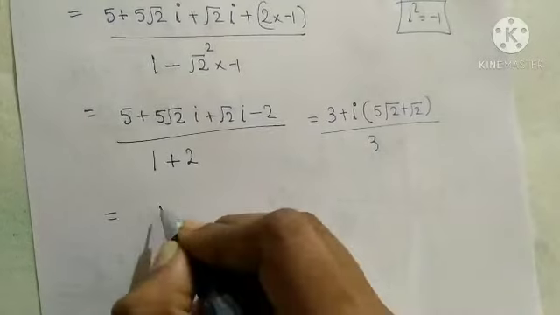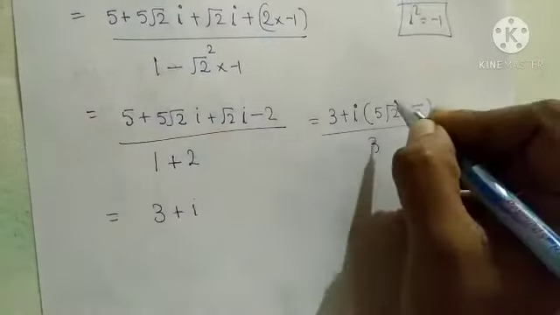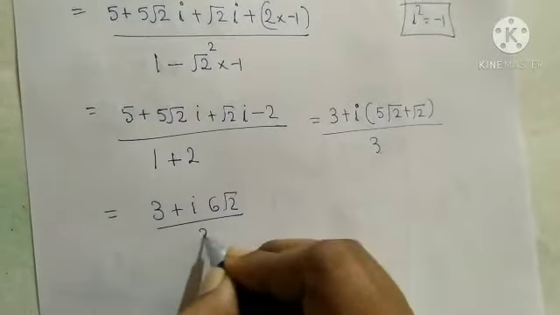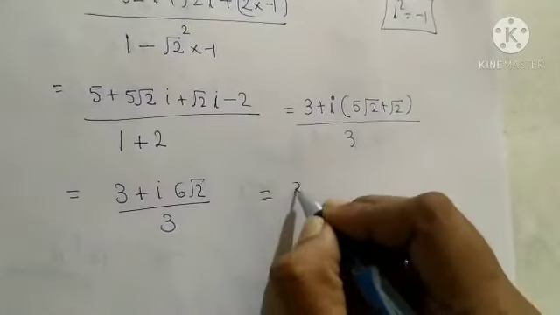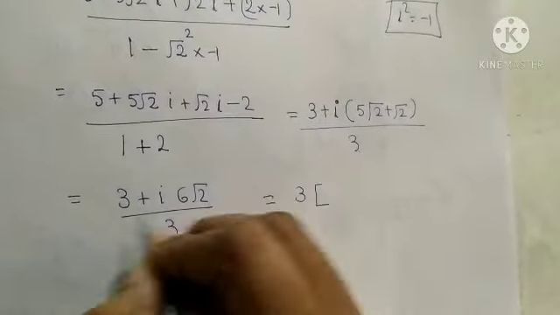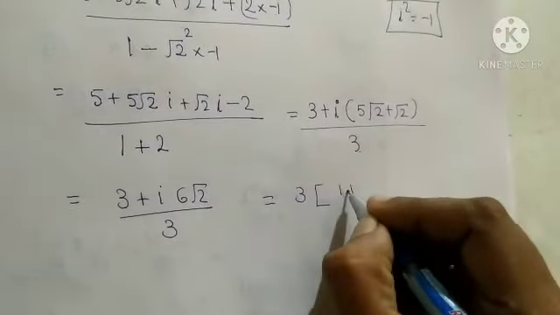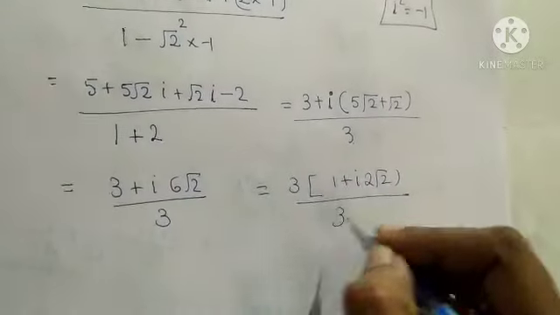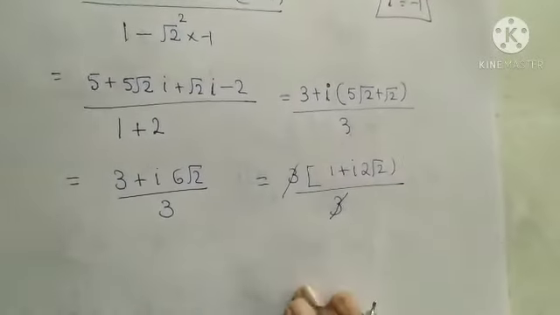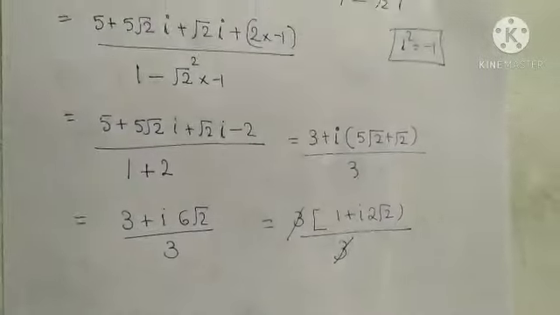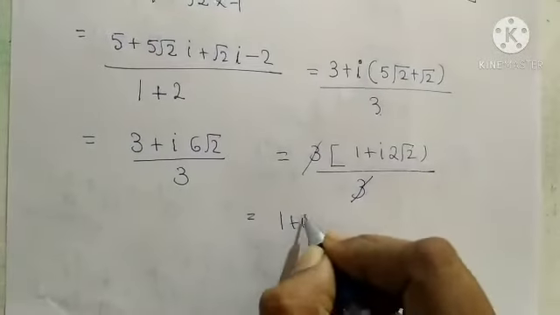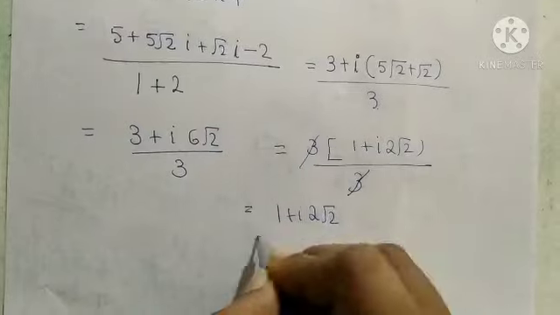This is further equal to 3 plus i, 5 root 2 plus root 2 will become 6 root 2, divided by 3. Taking 3 outside from the numerator, it will become 1 plus i 2 root 2 divided by 3, and cancelling these 3 from numerator and denominator, the final answer will be 1 plus i 2 root 2.